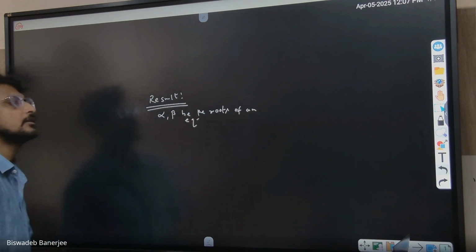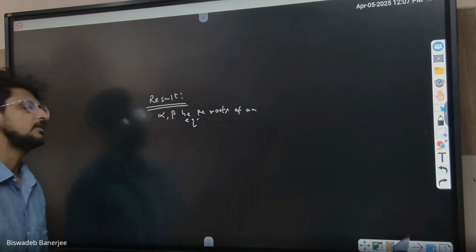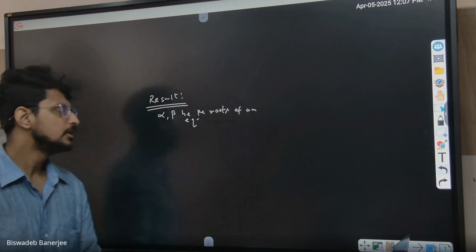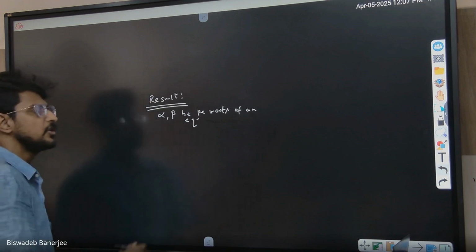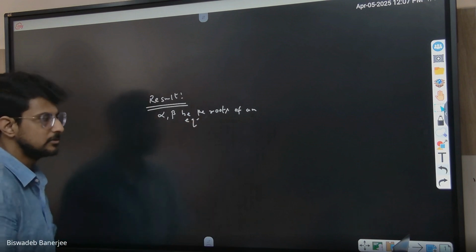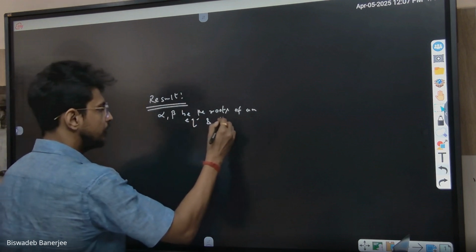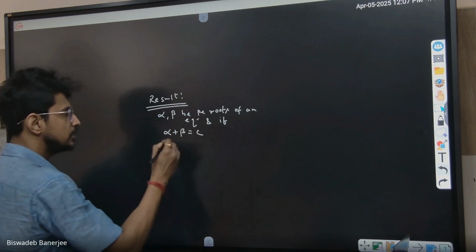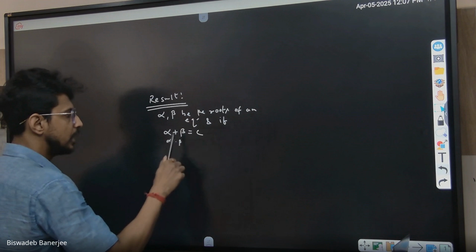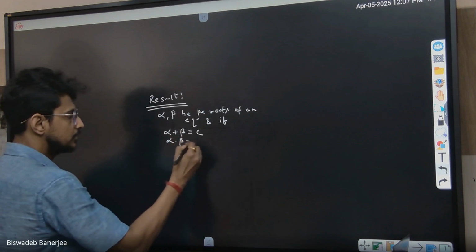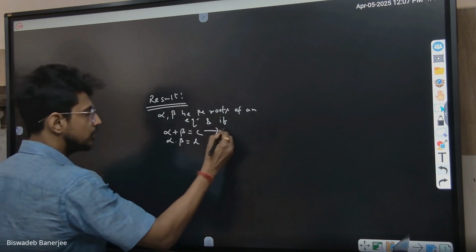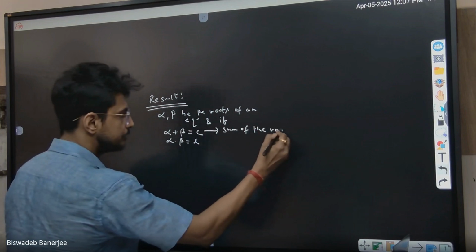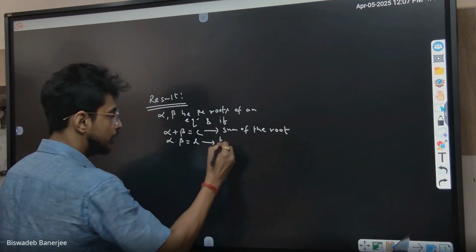So the result is if alpha, beta are the roots of an equation, and if alpha plus beta is equal to some c, and alpha into beta is equal to some d, this is called sum of the roots, and this is called product of the roots.